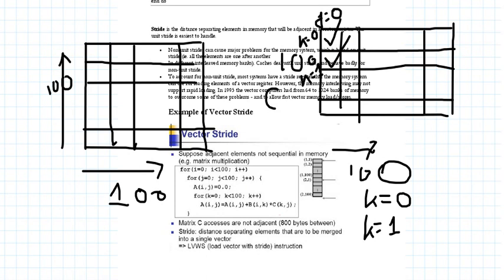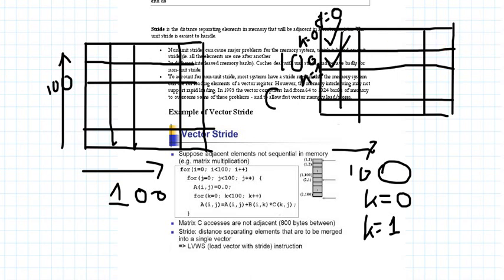In other words, when you push this instruction set into the vector register, these two elements have to be sent to the vector register back to back, one after another. But in memory, they are not adjacent, they are 100 elements apart.